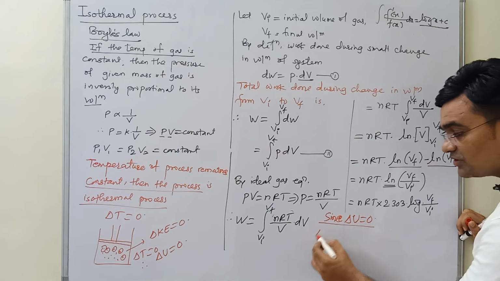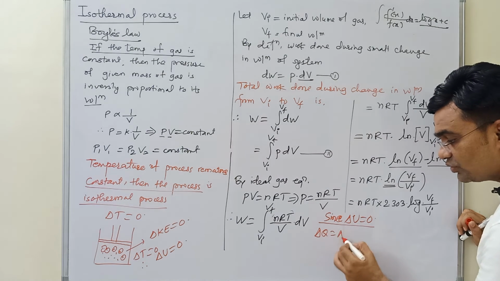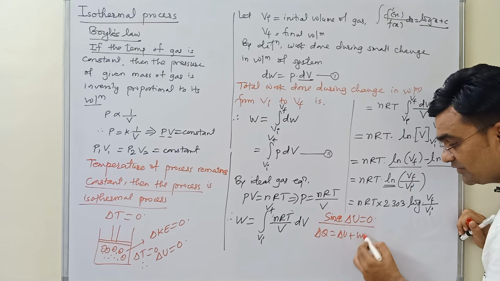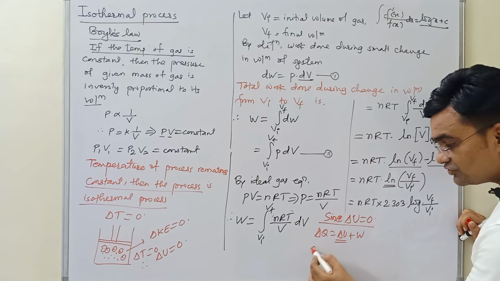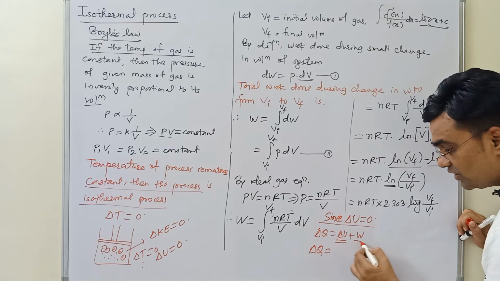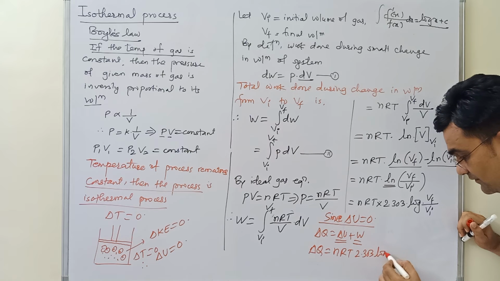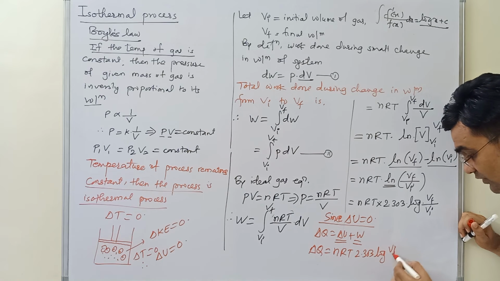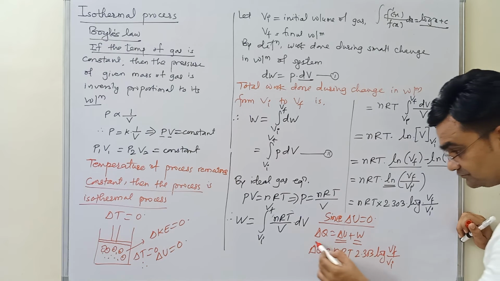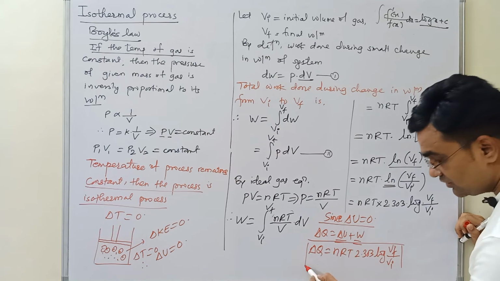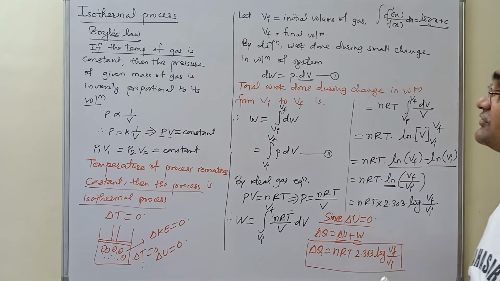Then according to the first law of thermodynamics, delta Q equals delta U plus W. Since delta U is 0, delta Q is equal to W. But what is W? It is nRT 2.303 log of Vf upon Vi. This will be the equation which is valid in an isothermal process.